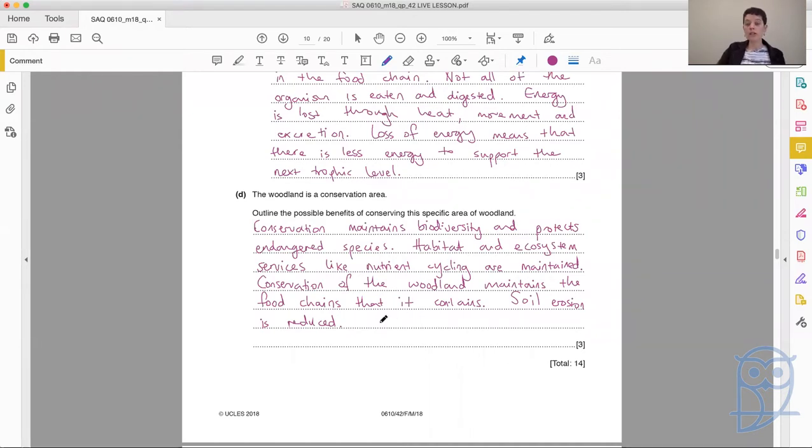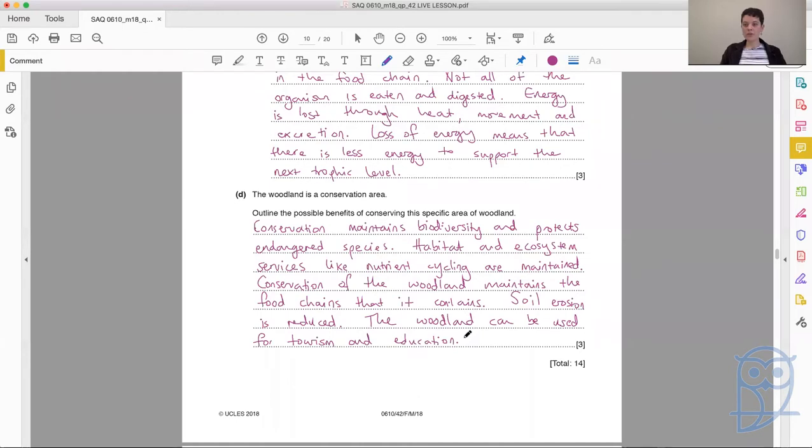So this woodland can be used for tourism and education. And if we think about our mark allocation, 3 marks, 3 good points, well, we've got quite a lot more than 3 that we have covered here.